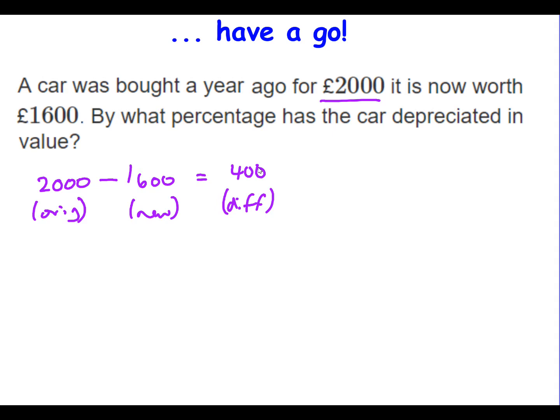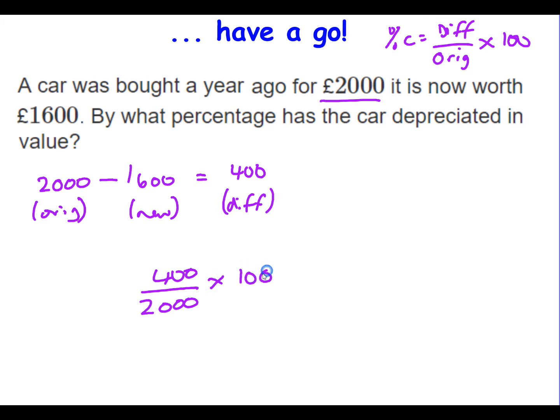So remembering our percentage change formula, the difference divided by the original times 100. So our difference is 400 divided by our original, which is 2,000, and then multiplied by 100.